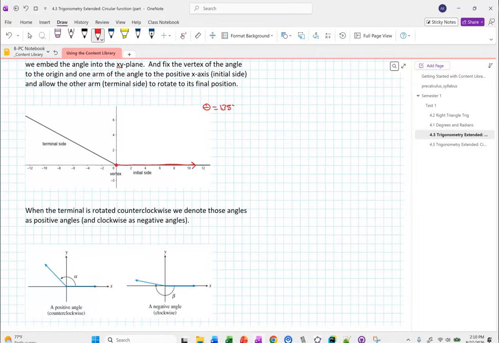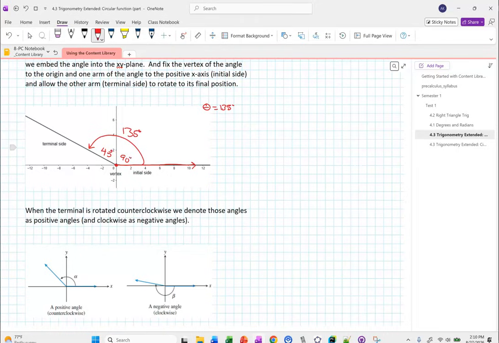So one quadrant is how much? 90 degrees, right? Because it's a right angle. And then half of a quadrant then should be 45, right? So if we do that, we've covered 135 degrees total.